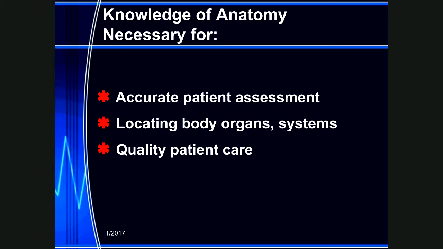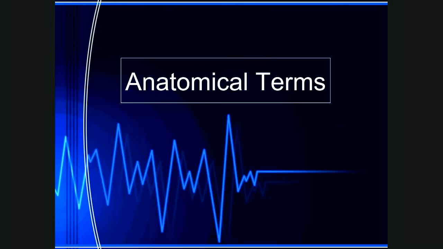The body itself is made up of regions, and we must universally accept anatomical terms to describe directions and positions of the body. So we're going to talk about some anatomical terms.